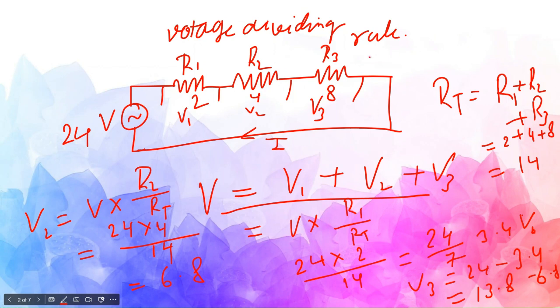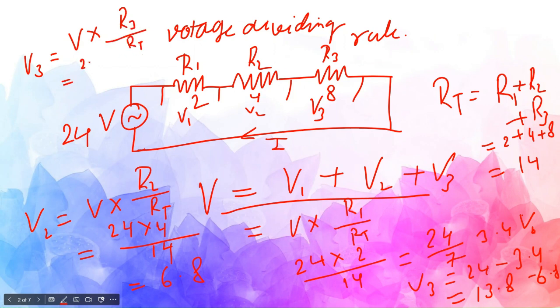I don't have space to write, so let me do it here. V3 equal to V into R3 by RT.